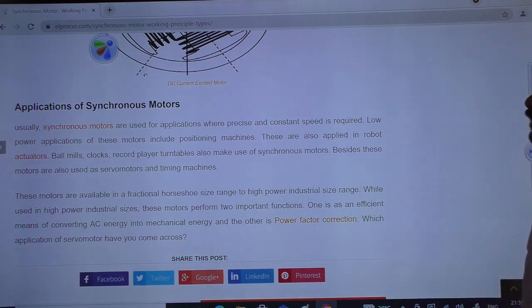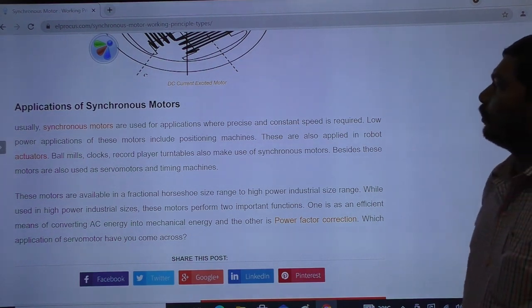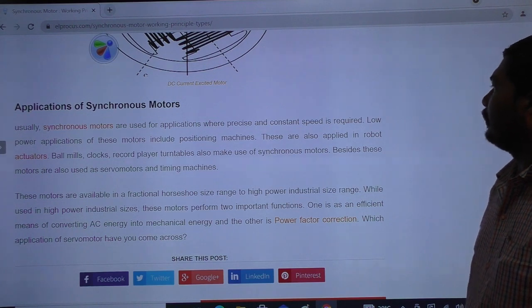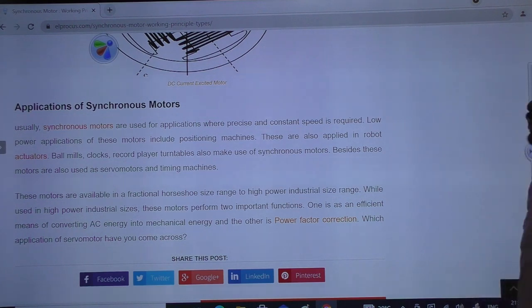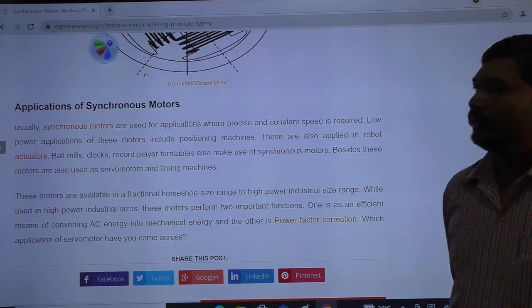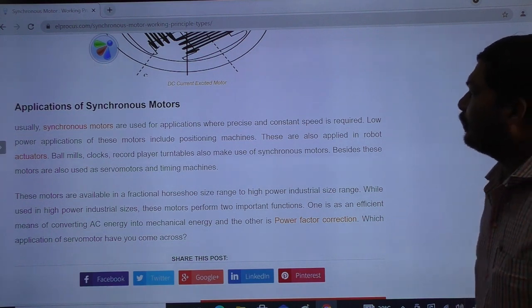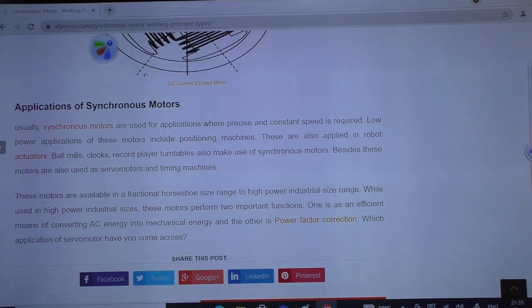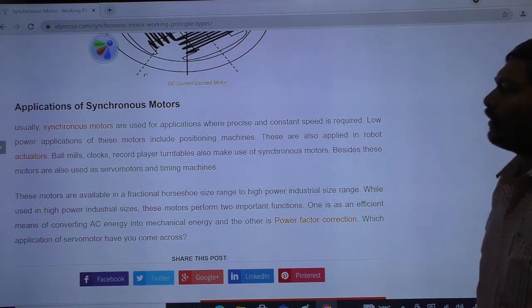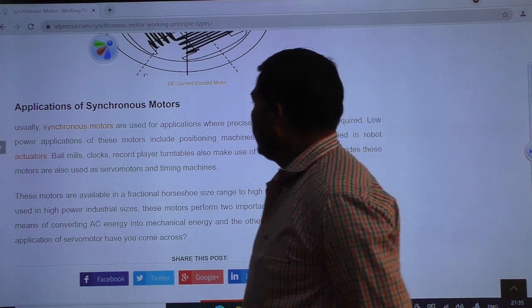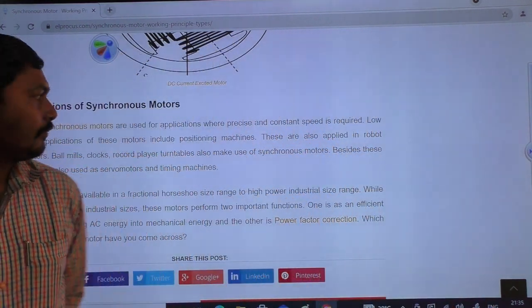Low power applications of these motors include positioning mechanisms or machines. These are also applied to robot actuators. Ball mills, clocks, record player turntables also make use of synchronous motors. Besides this, motors are also used as servo motors and timing mechanisms.